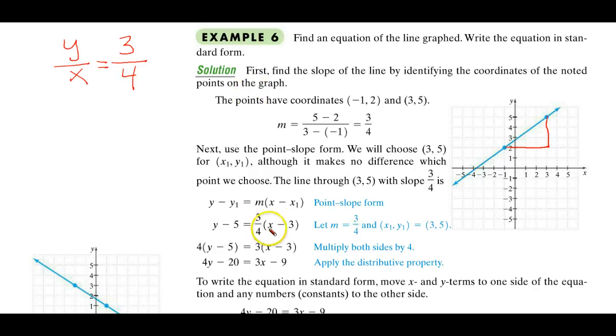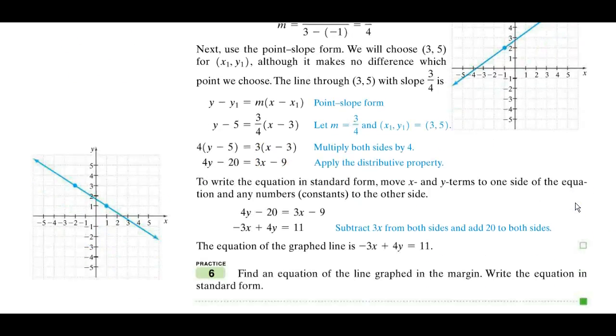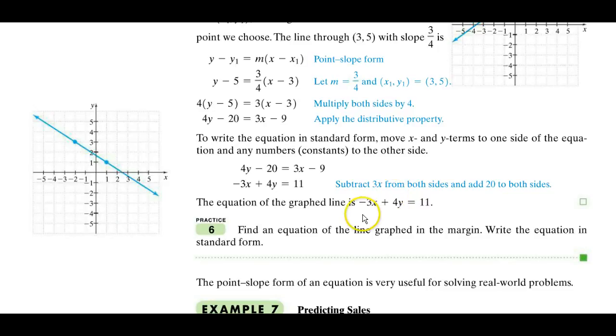Now we then put in one of the points into formula 4, and I would multiply everything by 4, which is what they're doing here, and then eventually get our formula. And there it is down below.